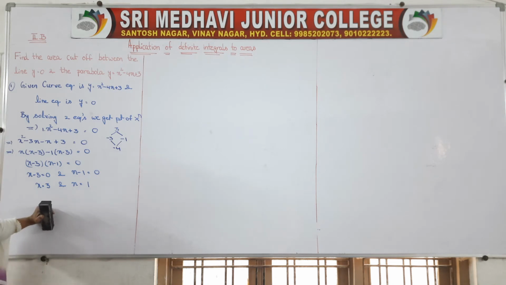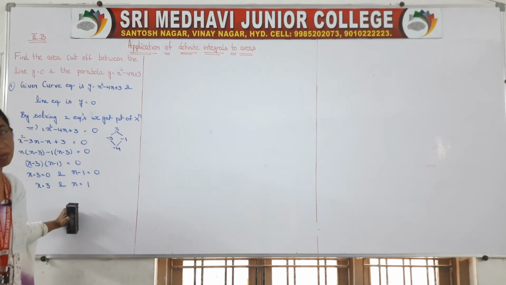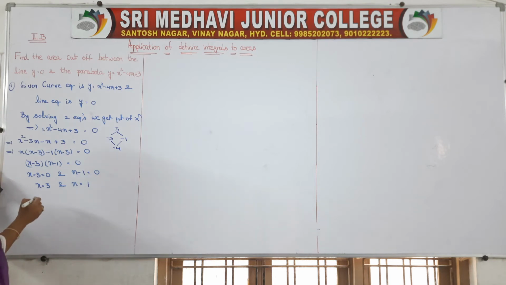To draw the curve equation, to draw the area, we need x and y values, right? So you take one table, where you have to take some x values, and what is your y? y is given as y is equal to x square minus 4x plus 3.